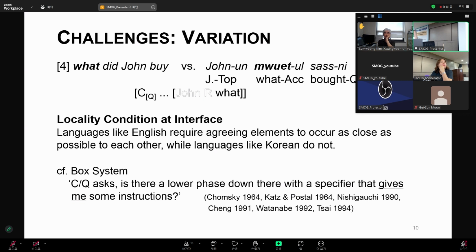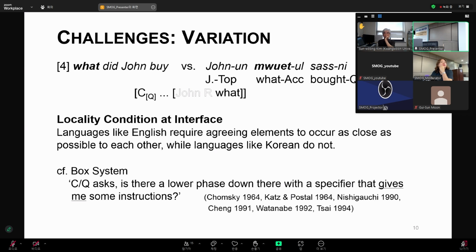But since the higher John is there, the lower John gets deleted, and as a result you don't have any problem. But for you, every occurrence of John should be satisfied, right? No? Oh, let's see.